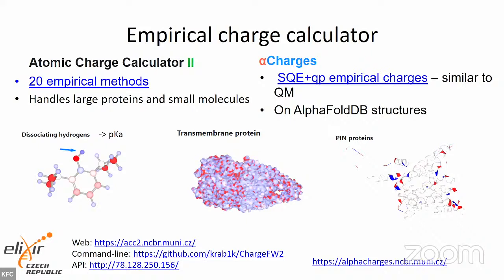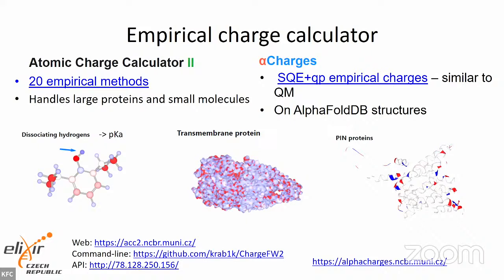And just now we have started a new server called Alpha Charges, where you can take the structure from AlphaFold and put it there, and it will give you how it looks. And if you remember from Monday, I was saying that the transmembrane part of the protein can be quite nicely seen on the top of the structure, because you have this lily pad effect, and you really can see where the membrane is from the tightness of the structure.